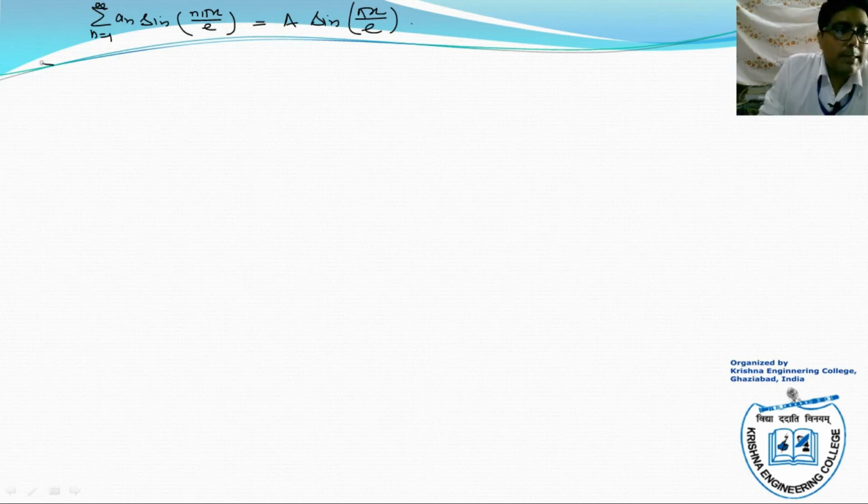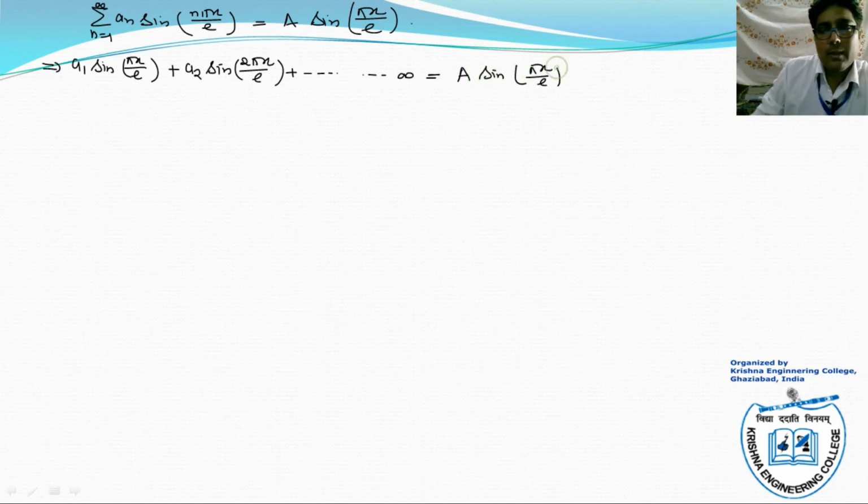So expand this term: put n is equal to 1, a1 sin(pi x by l). Clear? Now put n is equal to 2, this becomes a2 sin(2 pi x by l), and so on up to infinity. On the right hand side there is only one term, sin(pi x by l), plus 0 and so on.